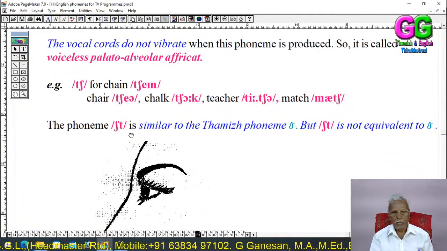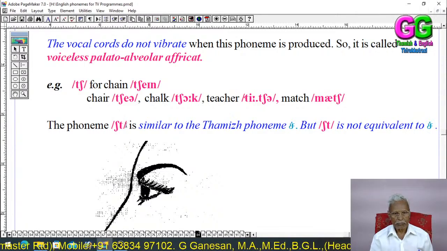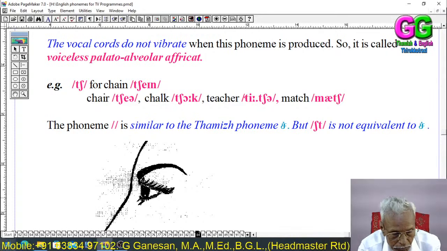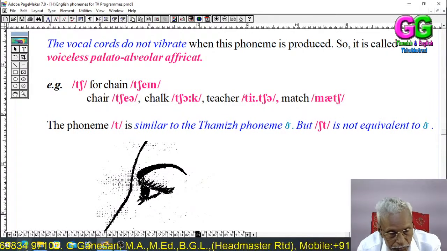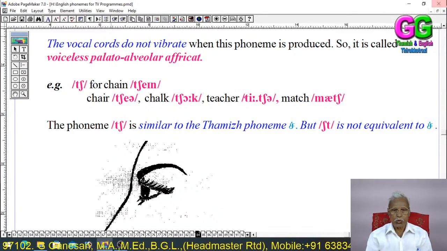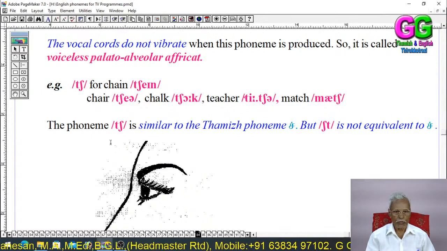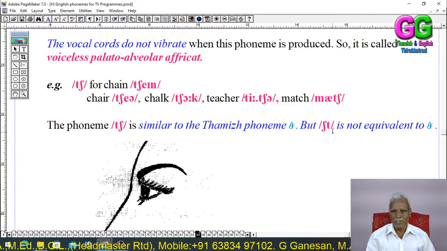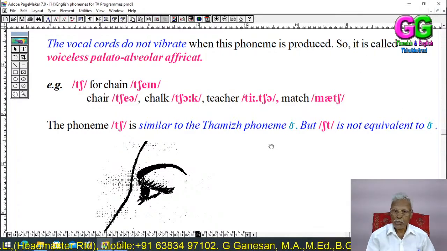The phoneme is similar to the Tamil phoneme, but the English one is not equivalent to the Tamil one.